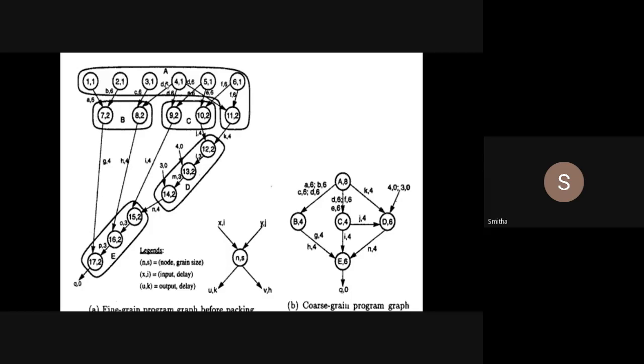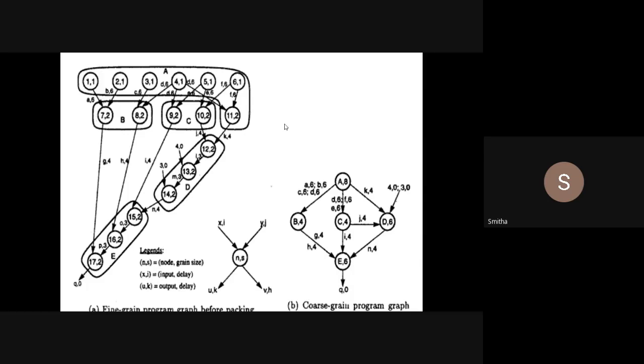And after getting the value of the variable in the fourth node, only then can I execute the 8th and 11th also. Like that it goes. It also shows the dependencies among the nodes. If you see the edges, you will understand through which variable it is being communicated, and what the delay is.